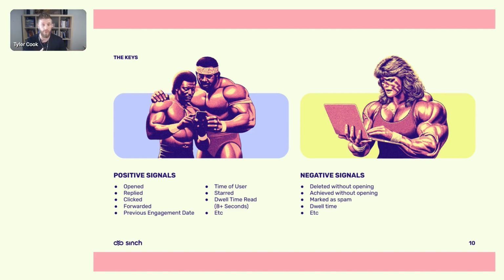Things like time of use can be a positive signal. It can also be a negative signal, but it's a big positive signal. If a subscriber stars your emails, if they mark it as important, even things like dwell time. So how long is somebody staying on that email consuming the content?